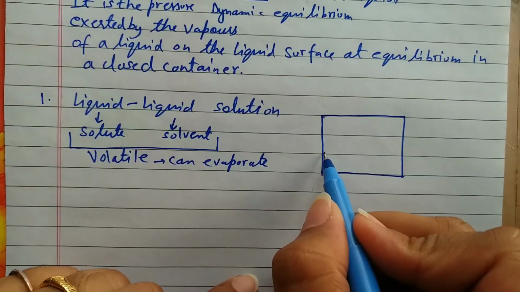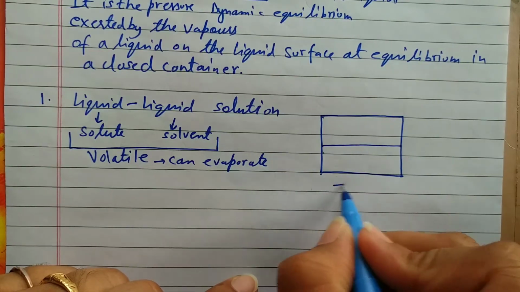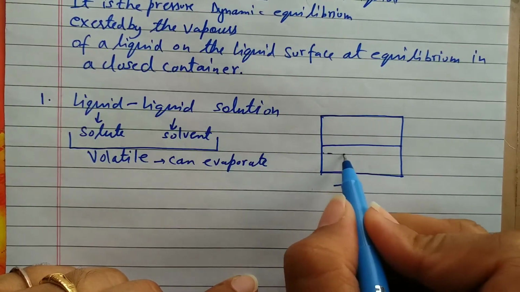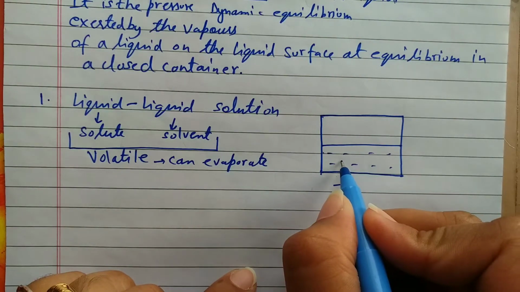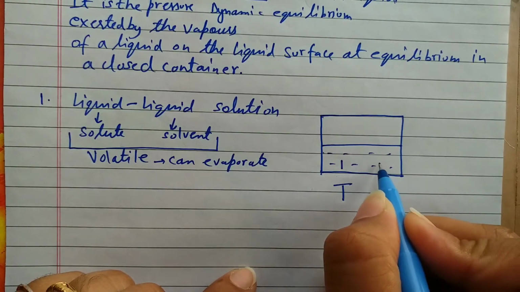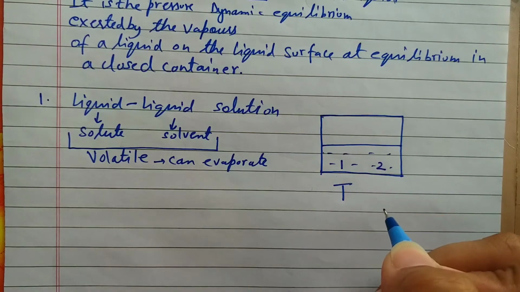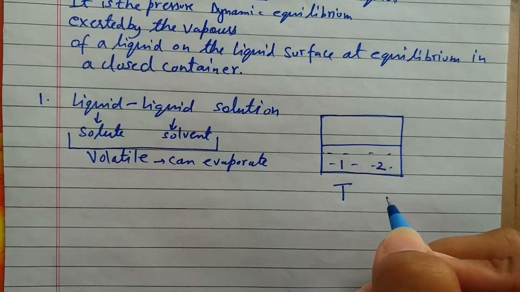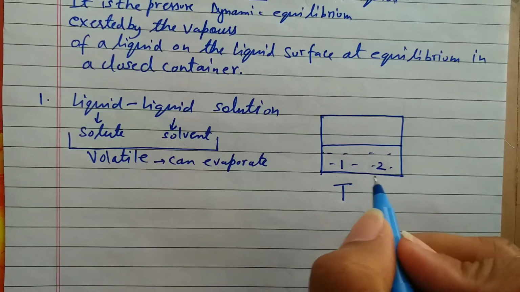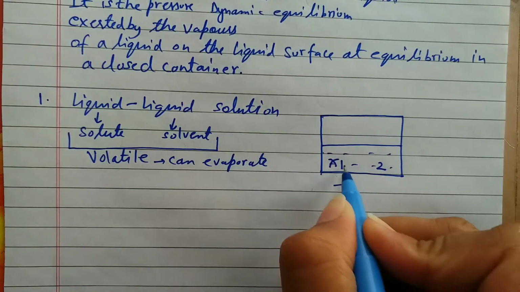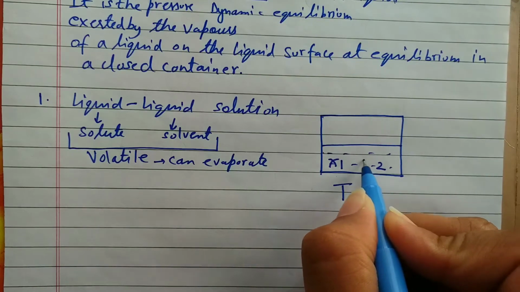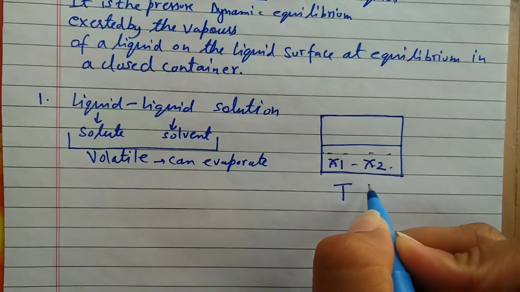So you can imagine the system to be like this. In a closed container at a particular constant temperature, I have taken two liquids here. One is liquid 1 and the second is, let's say, liquid number 2. How much of liquid 1 and 2 are there in the container, I am considering in terms of their mole fraction. So let's say chi 1 is the mole fraction of liquid 1 and chi 2 is the mole fraction of liquid 2.